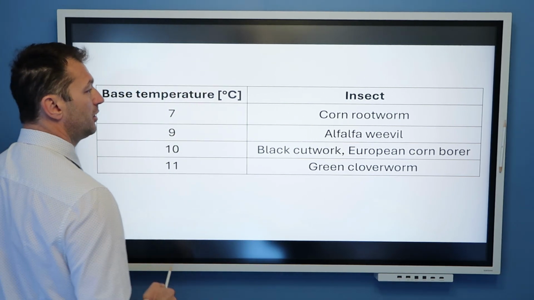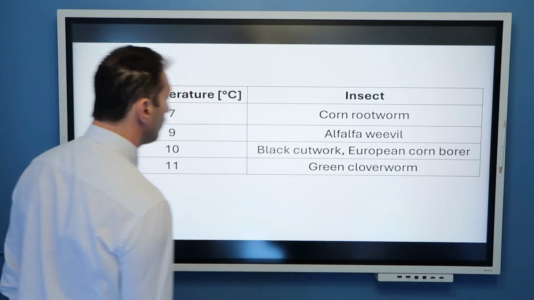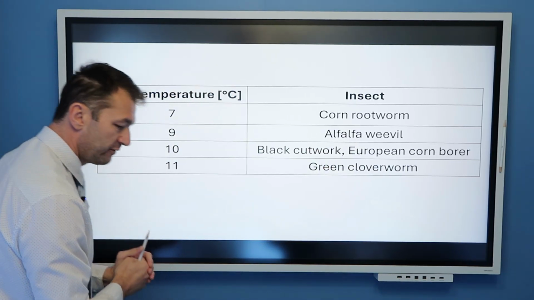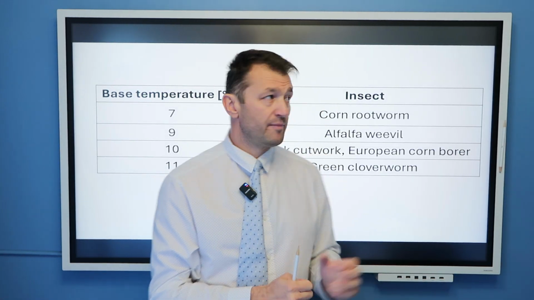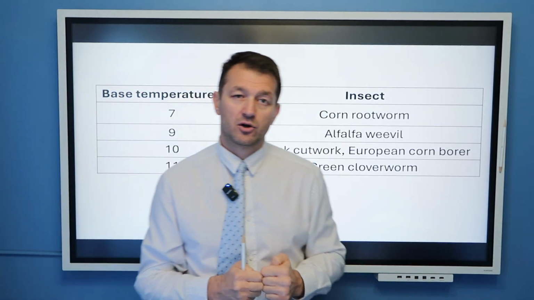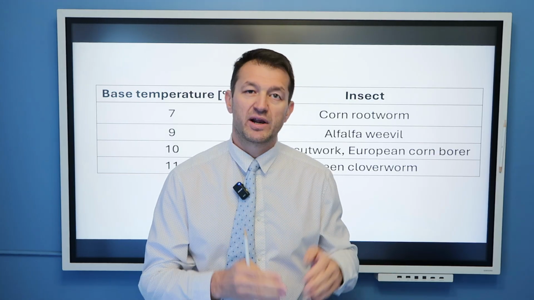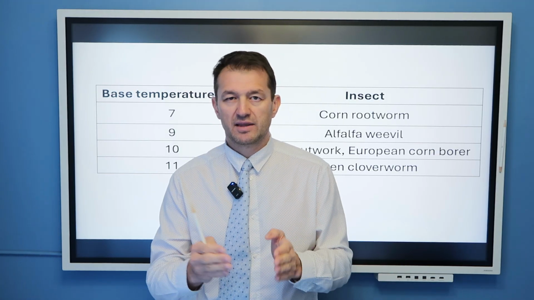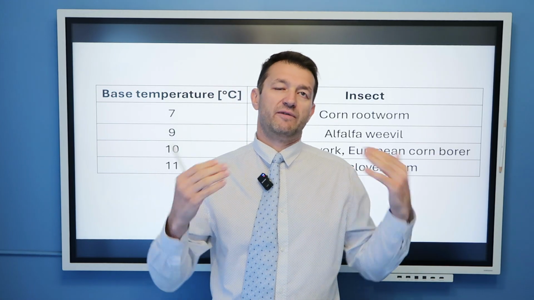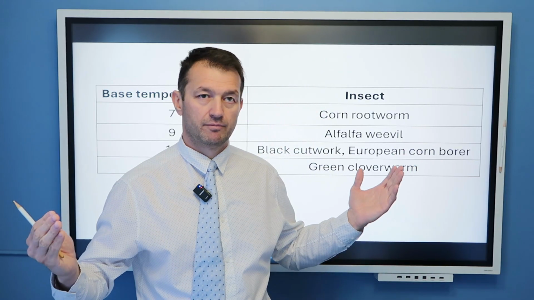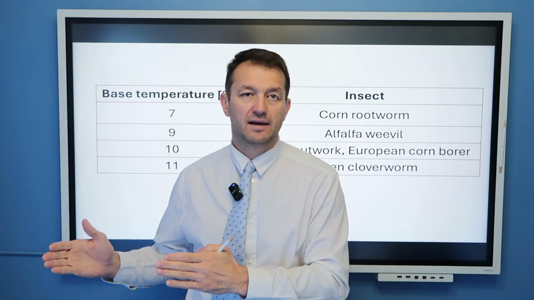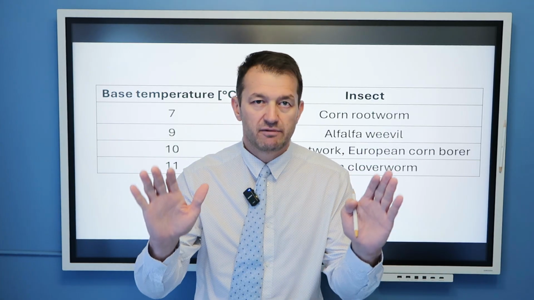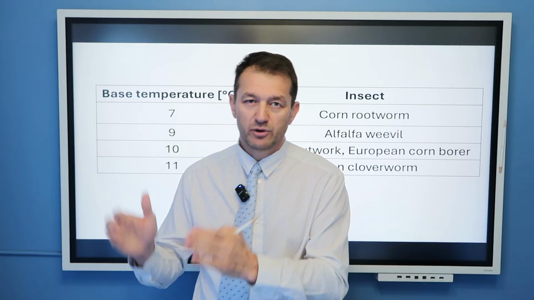So, for example, corn rootworm has the base temperature of 7. Again, how is that used? In accumulated way. When you calculate growing degree units for every day and you accumulate them, for example, when the value reaches 70, then perhaps this insect is likely to attack some plant. I don't know if it is 70, I just made it up, but I'm saying how it is used.